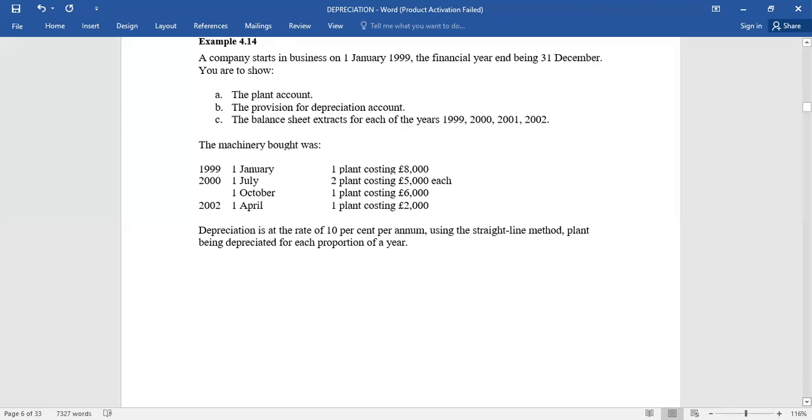And then going to year 2002, we have another machine that is being acquired at a cost of 2,000. Then we've been told that depreciation is 10% per annum. We are using straight line method, right? We've been asked to prepare the plant account.